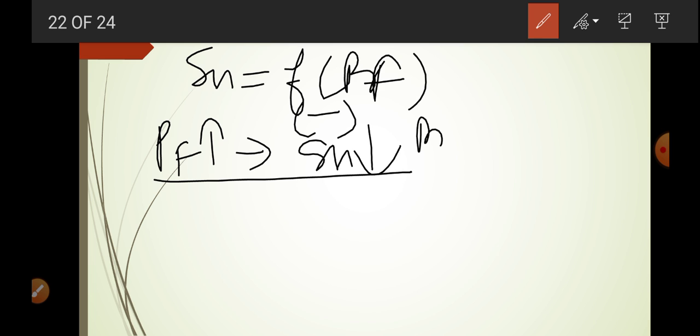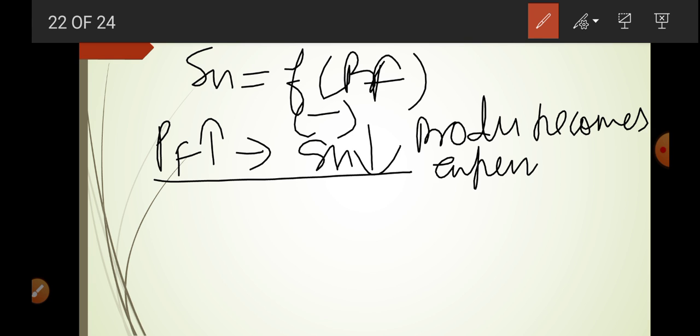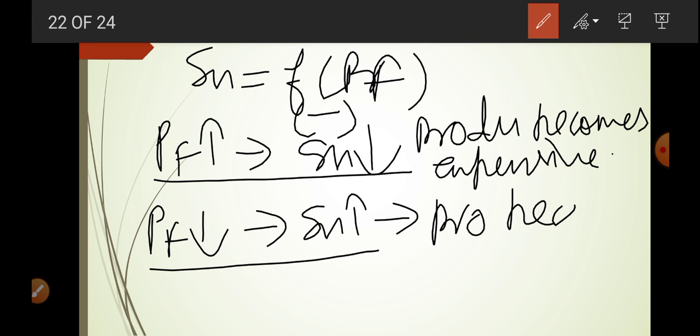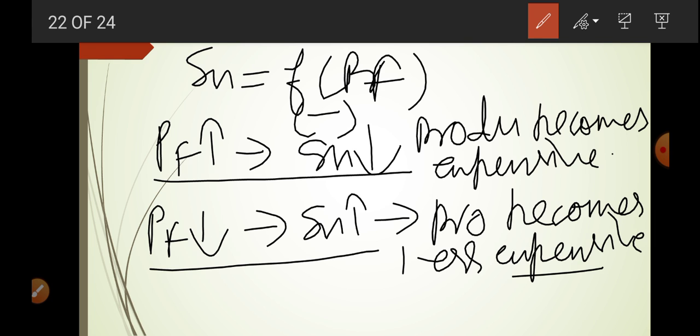Because production becomes expensive. Now if the price of factors is going to be low, then supply is going to be high. Why? Because production becomes less expensive.